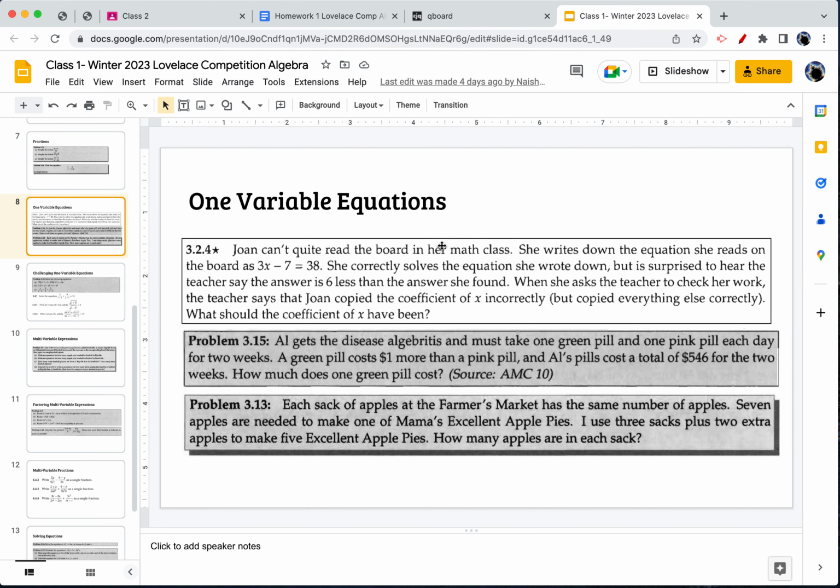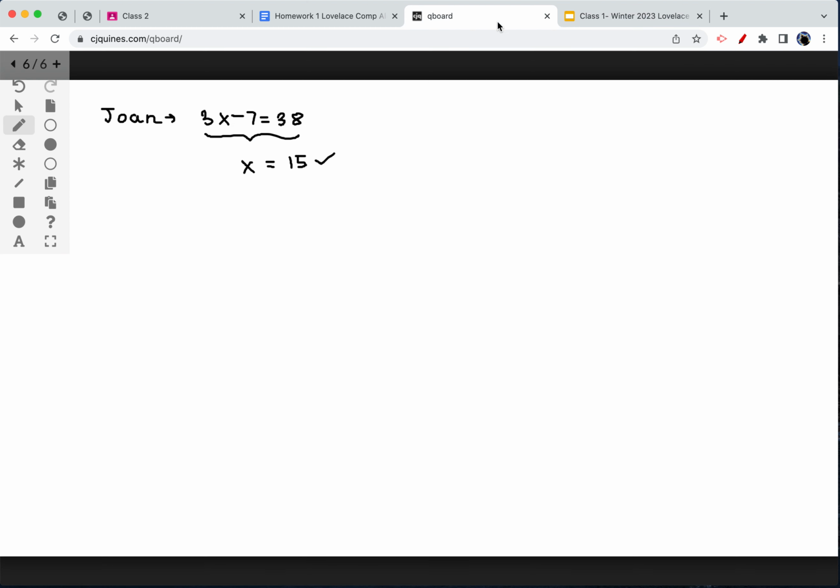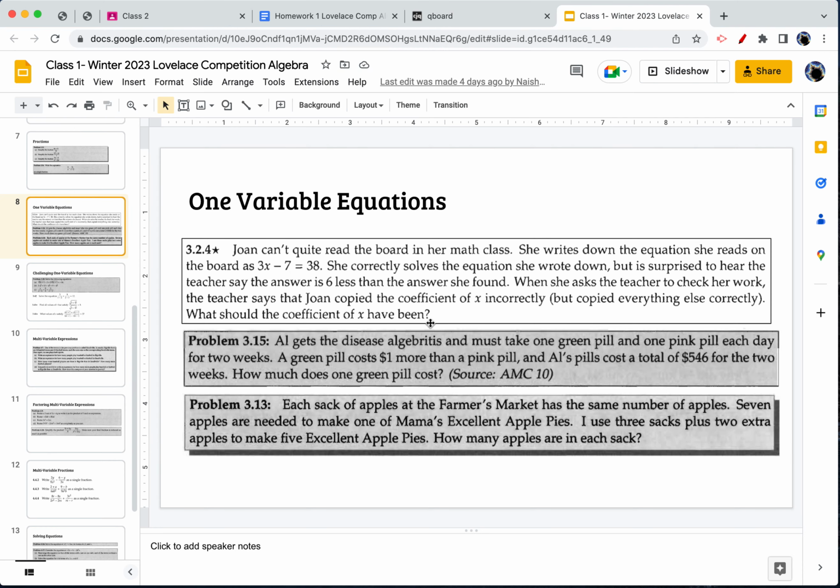And we're given that Joanne gets this right. But the problem says that the teacher says the answer is actually 6 less than what she found. So the right answer is 15 minus 6, which is 9. So now the teacher tells her that she copied the coefficient of x incorrectly, but copied everything else correctly.